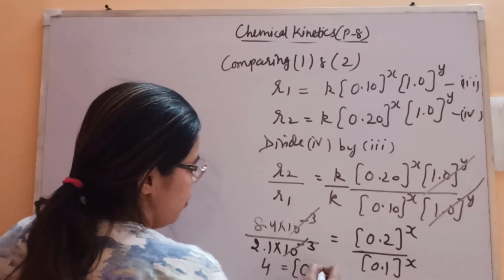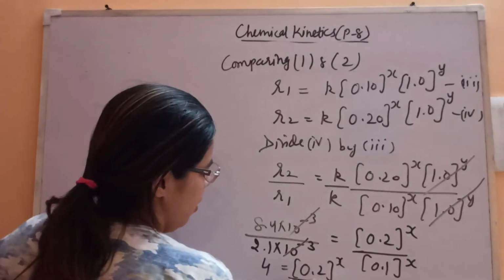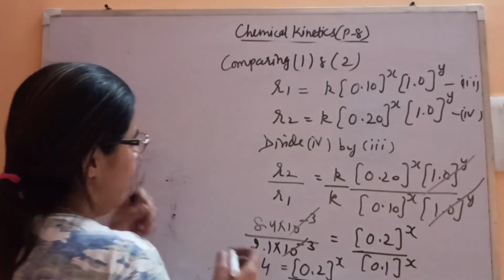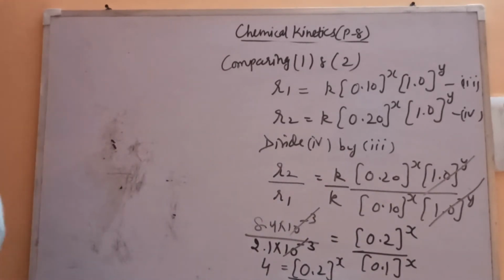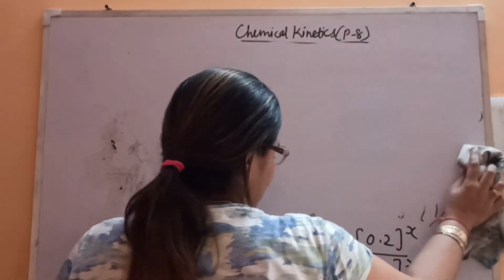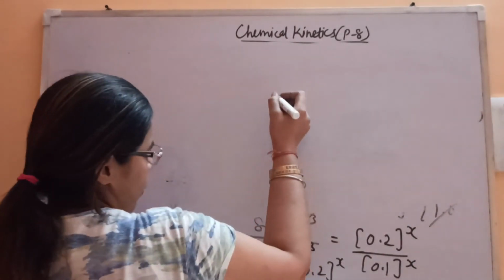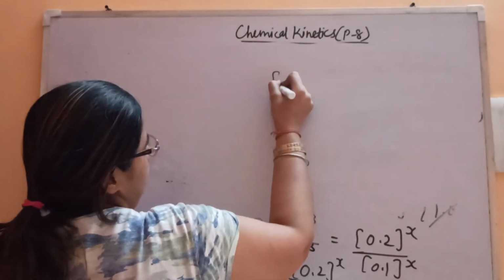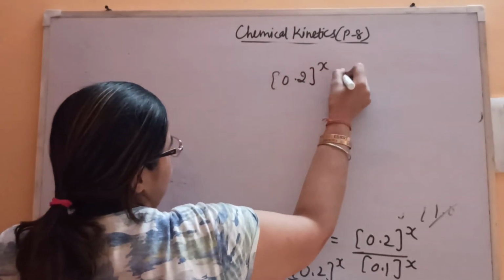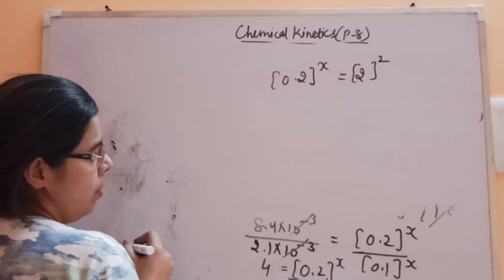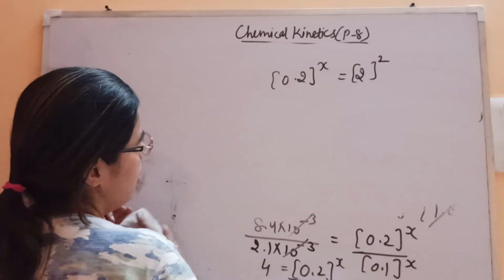So 0.2 X over 0.1 X, then we will solve this to get the value of X. Can we write 4 as 2 to the power 2? Yes.